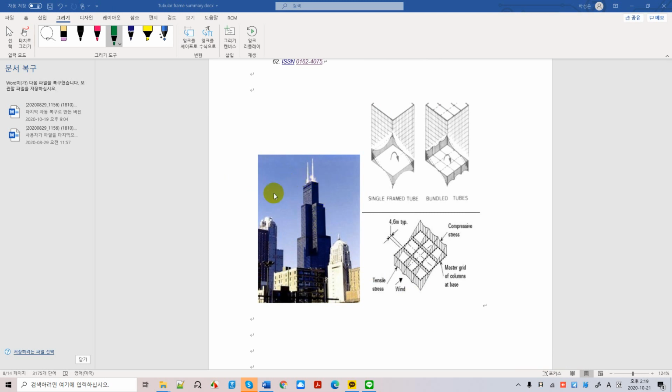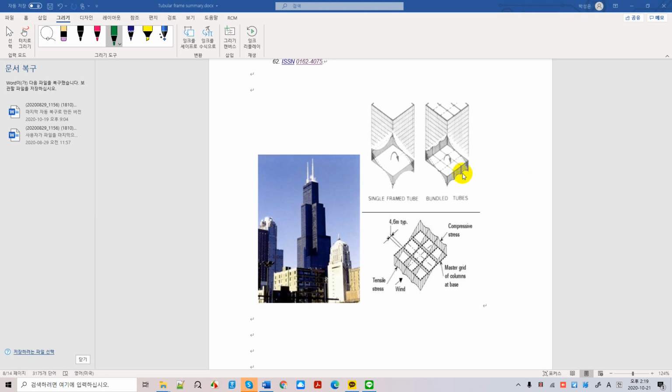This is the Sears Tower that is located in Chicago, United States. Look at that. Your bundle frame disappears here and disappears here, disappears here. One by one, it disappears as the building goes into the high-rise part.